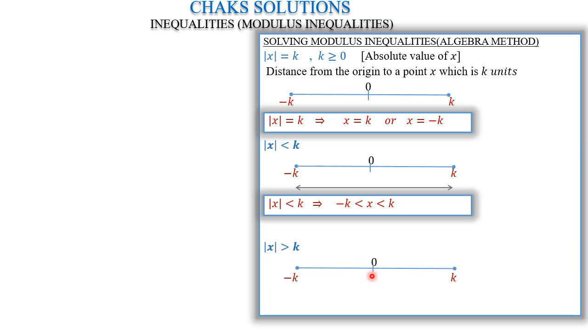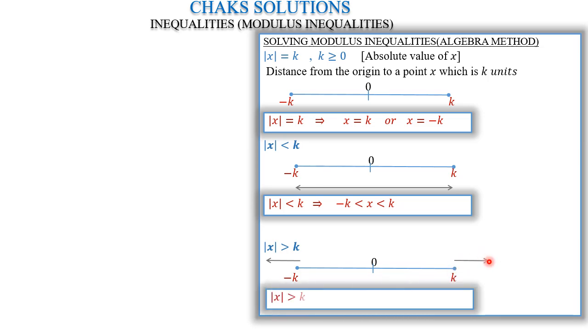So it means x will be lying in the range x less than minus k, or on the other side, x greater than k. So modulus of x greater than k implies that x is greater than k union x less than minus k.